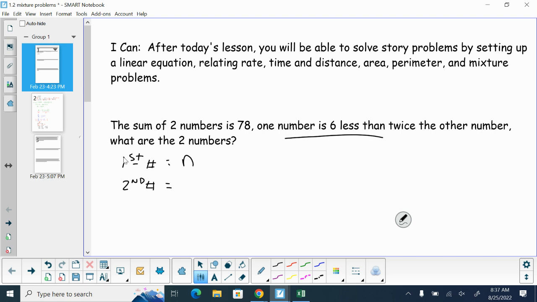What mathematical operation? By 2. We're multiplying by 2. So we can take our other number, our n, and multiply it by 2. So we have 2n. That's twice the other number. But it has to be 6 less than that, so what are we going to do with the 2n? Subtract 6.